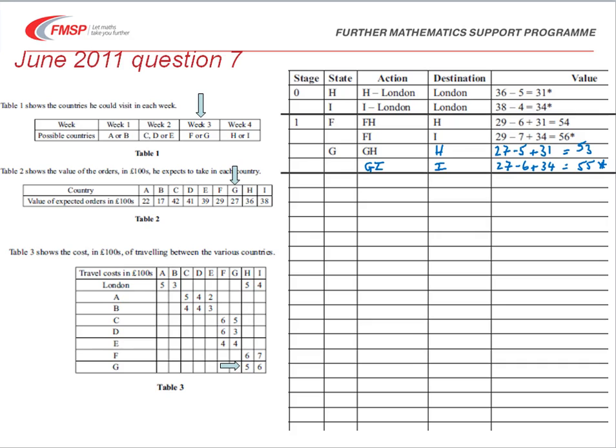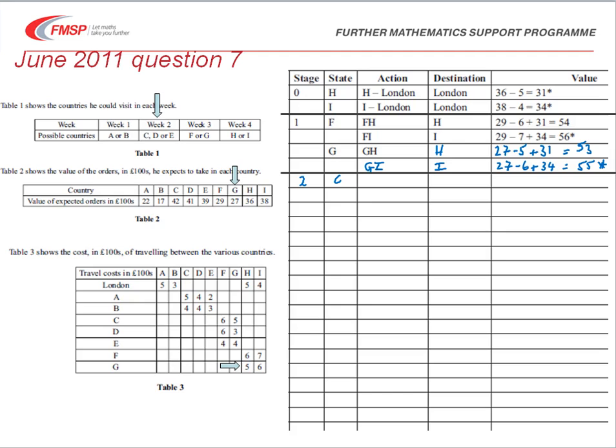Well, that's the end of stage 1. So I tend to underline in my table now so I've got some clear idea of what I'm doing. And so we're now moving on to stage 2. In stage 2, we can see from the first table there are 3 possible states that we can be in at the start of stage 2. Those are C, D or E. So putting those in on our table, we need to say how many lines each one takes.